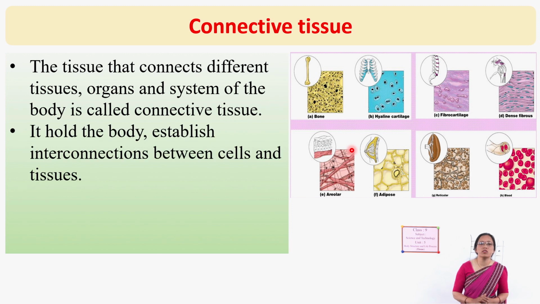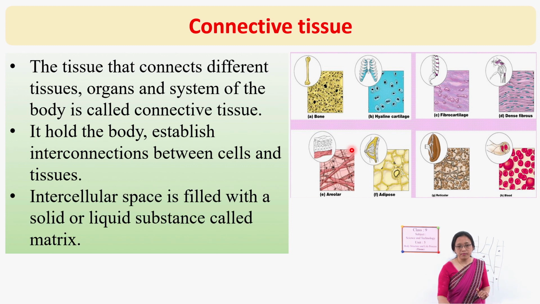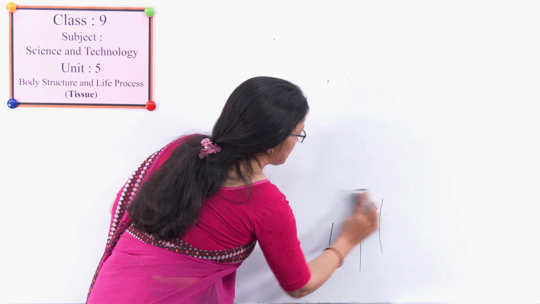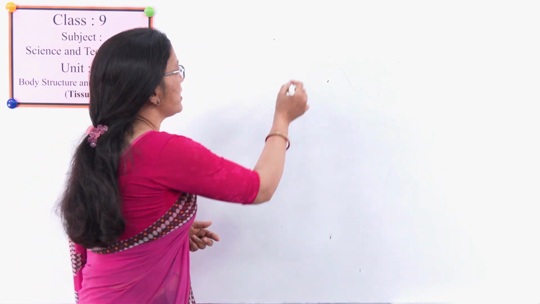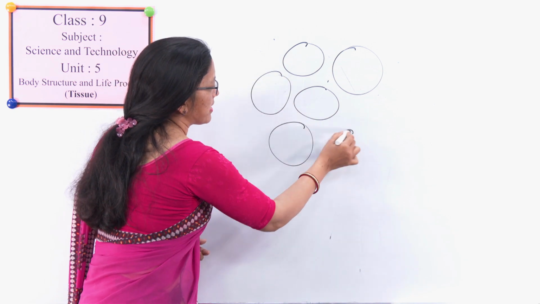These connective tissues hold the body. The whole body is organized because of this connective tissue. It establishes the interconnection between the cells and tissues. There is intercellular space. What is intercellular space? Just like here, in a single cell, we can see one cell, another cell, another cell, like this.